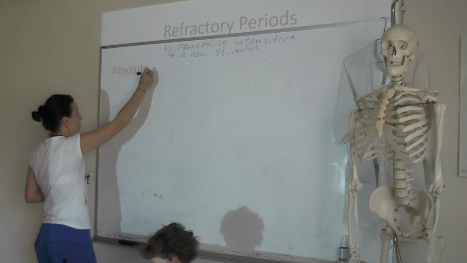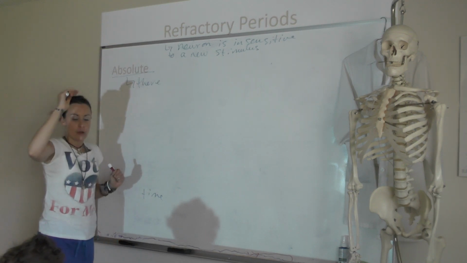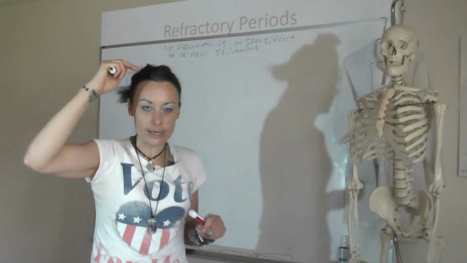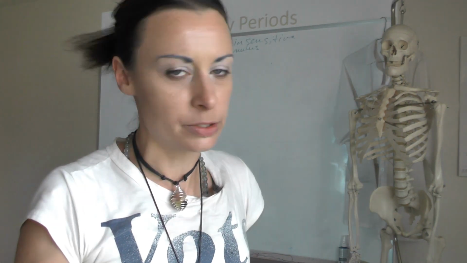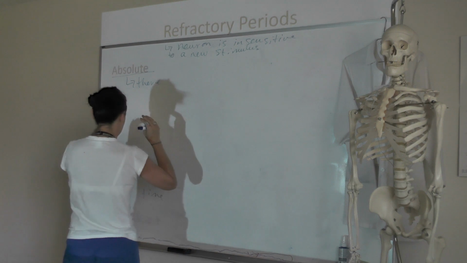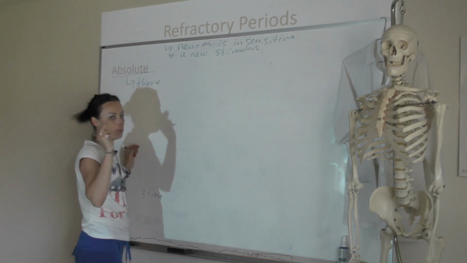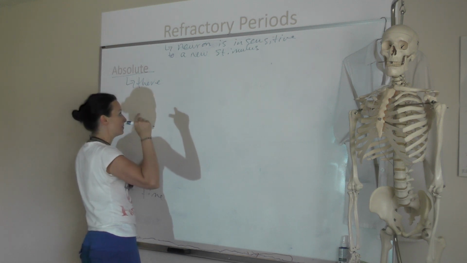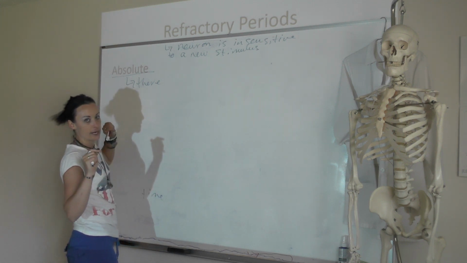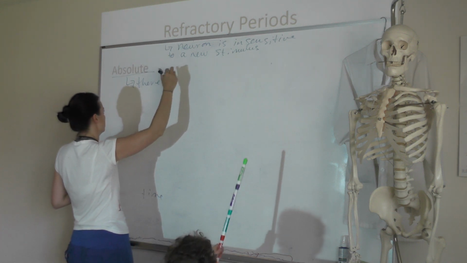And during the absolute refractory period, there is no strength of stimulus that's going to get me to fire my action potentials any quicker than they're going. So there is no way during this absolute refractory period, there is no amount of stimulation I can give to this neuron to get it to generate a new action potential. So I am absolutely insensitive to a new stimulus.